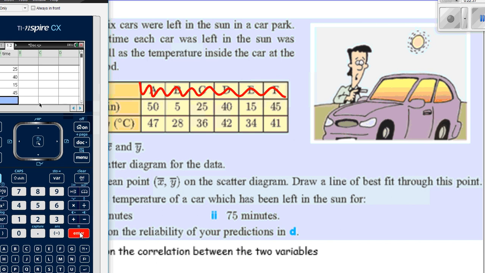Now check that you've entered the right data, because when you click on things, they don't always pop up correctly. So 50, 5, 25, 40, 15, 45. Excellent, we've checked that we've got the right data to start with.